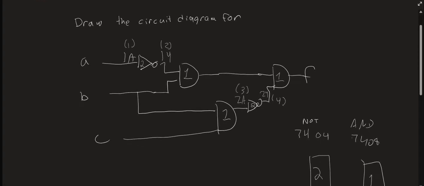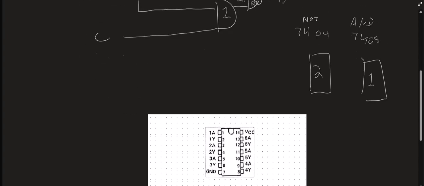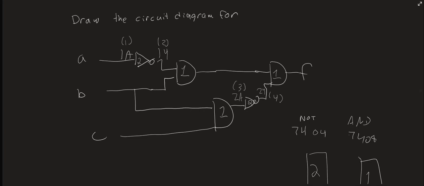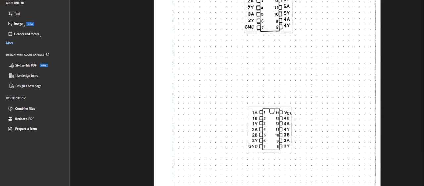And then for my ANDs, the inputs are A and B and my outputs are Y. So I'll have 1A and 1B and 1Y, and 2A and 2B and 2Y, and 3A and 3B and 3Y. I don't have to use 1, 2, 3; I could do 1 and 3 and 4. I just usually do to keep them in order.